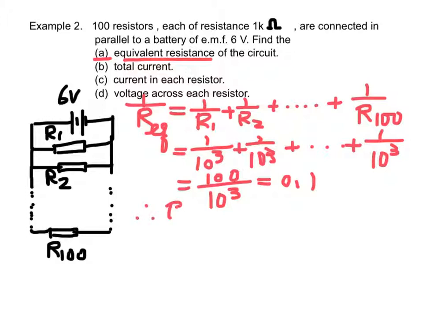Therefore, the equivalent resistance in the circuit equal to 1 over 0.1, which is equal to 10 ohms.